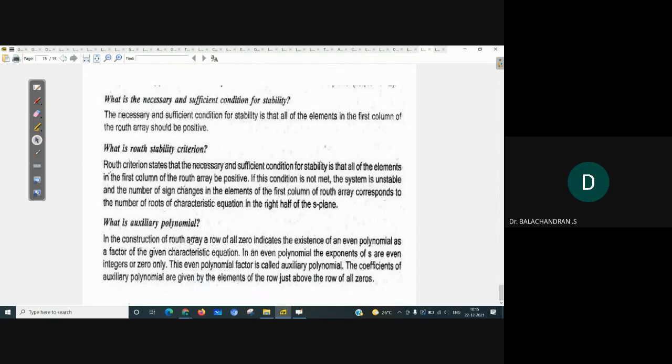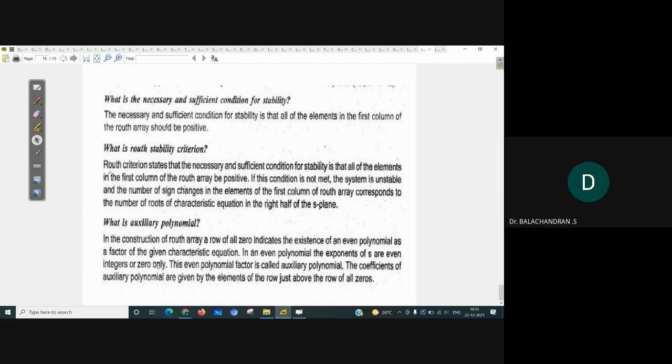In the construction of the Routh array, a row of all 0 indicates the existence of an even polynomial as a factor of the given characteristic equation. In an even polynomial, as I already explained, the exponents of S are even integers or 0.